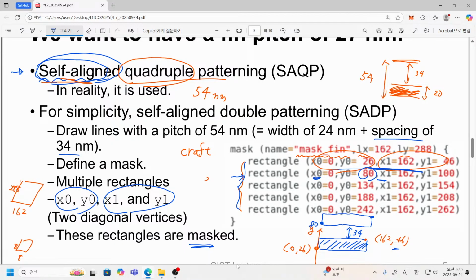So they are masked. It means that if you have, for example, this pattern, this part is masked and this part is unmasked, and when you call this etch statement, what will happen? This one survives and this one goes away. So please understand this convention.